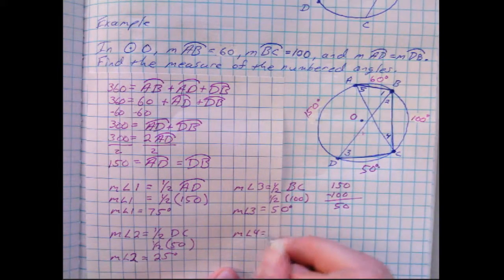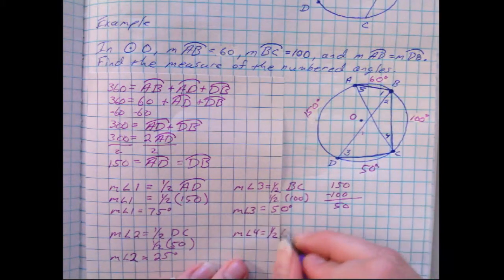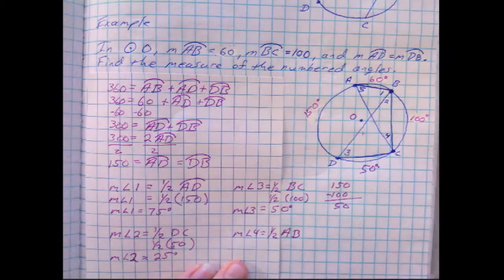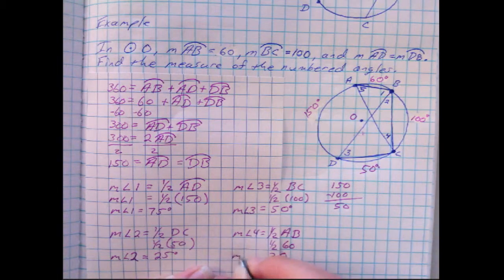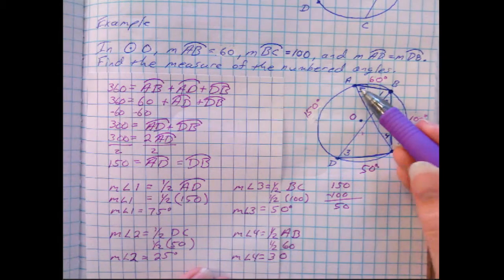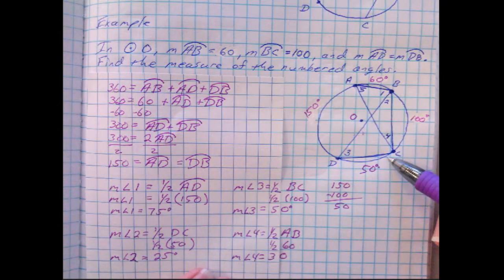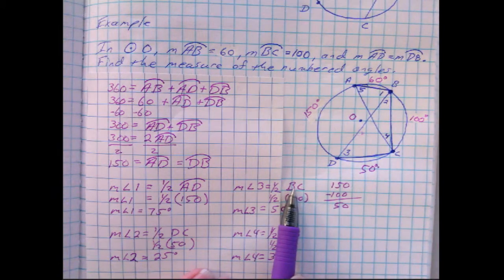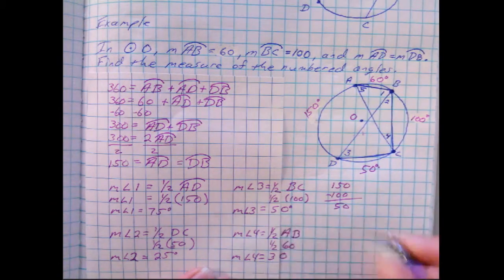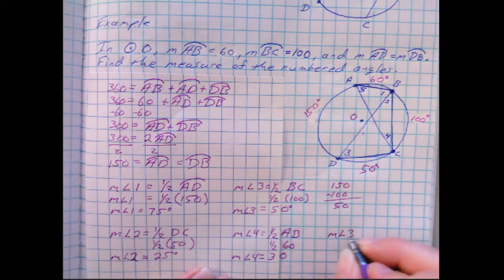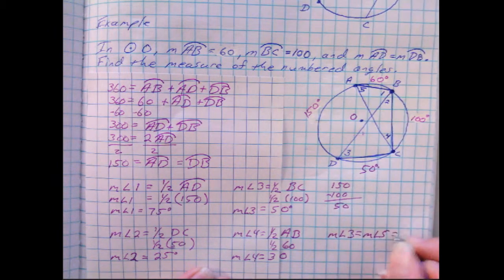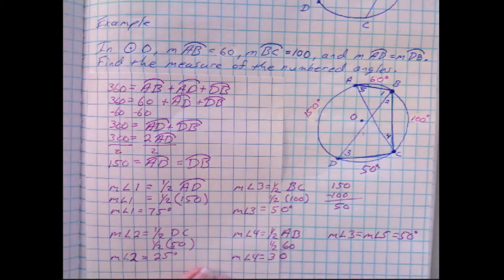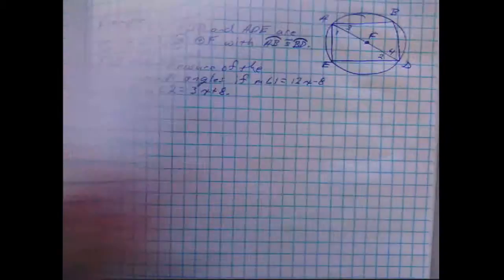So the measure of angle 4 is 1/2 of AB, and we have AB is 60, so it's half of 60, which is 30. So the measure of angle 4 equals 30. And then the last one is 5. 5 intercepts BC again. So the measure of angle 3 equals the measure of angle 5, which equals 50 degrees. Okay? Alright, so let's move on.